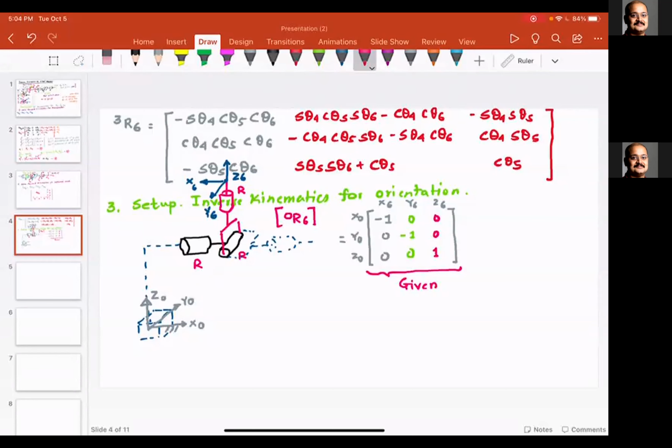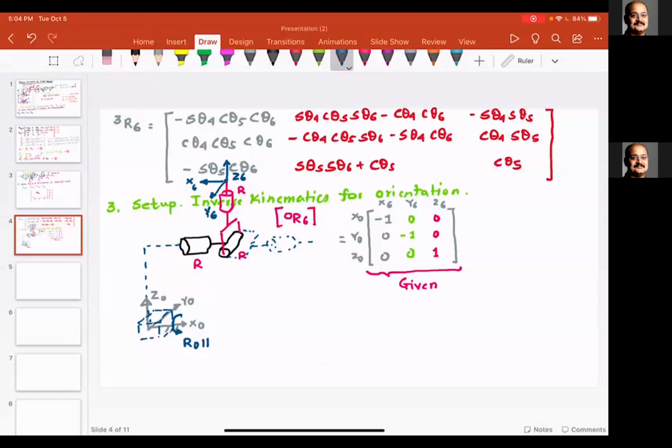Now, how does that apply in terms of roll, pitch, and yaw? If you think about it, I'm going to write this down over here. This orientation is roll.